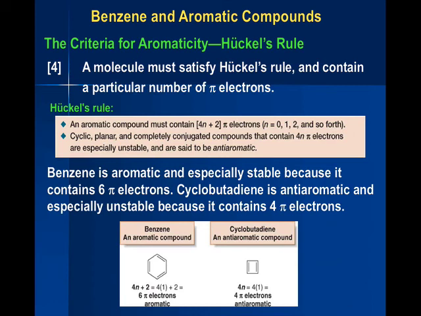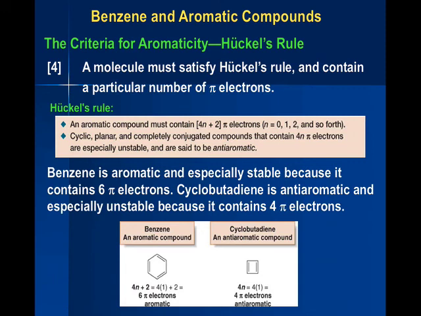Molecules can be aromatic, non-aromatic, or anti-aromatic. What is an anti-aromatic compound? It is super unstable. Cyclobutadiene has been made before at like minus 300 degrees Celsius in an argon frozen matrix.